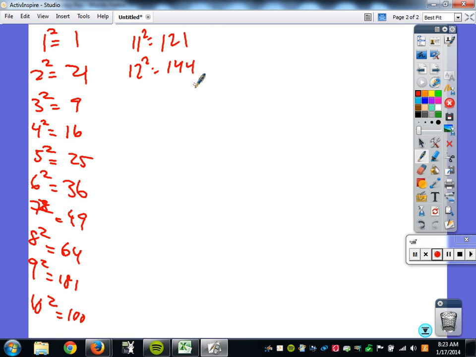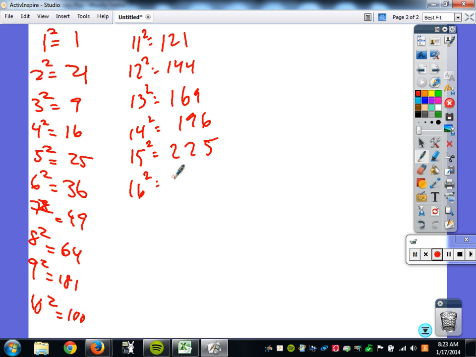Here are the new ones probably. 13 squared, 169. 14 squared is 196, 15 squared is 225. 16 squared, 256. 17 squared, 289. 18 squared, 324. 19 squared is the one that I always struggle with.